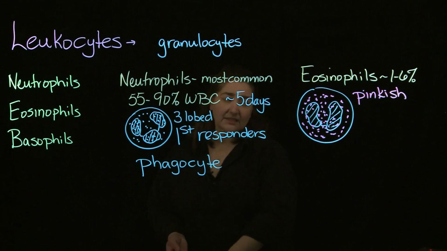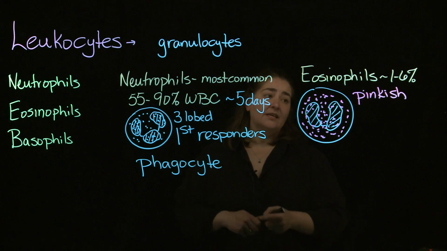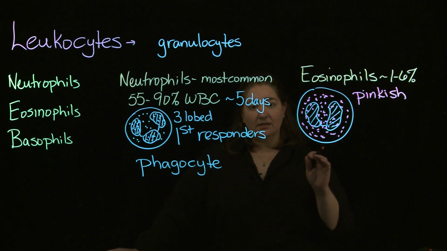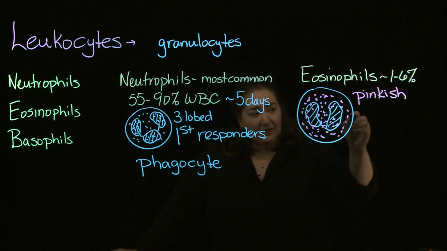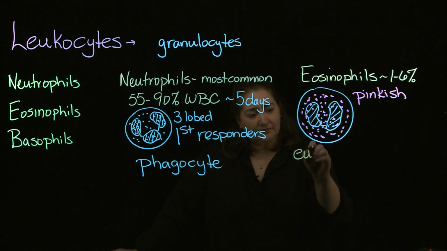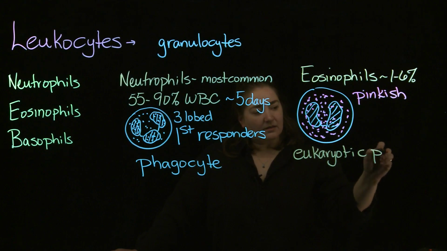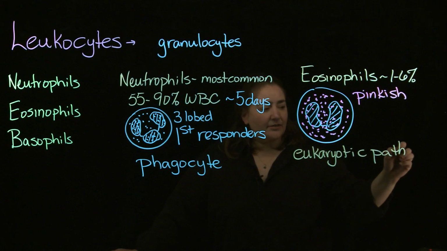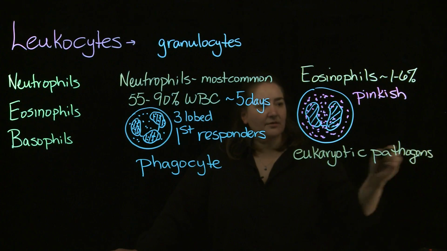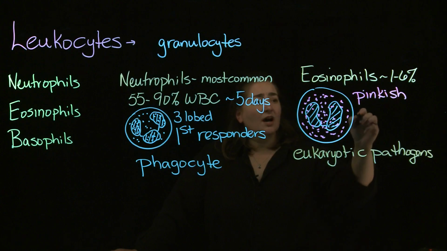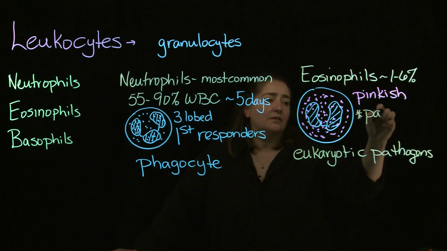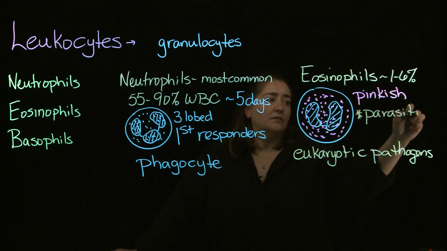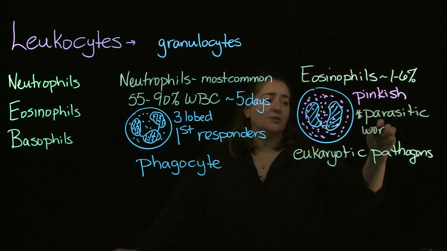And in terms of the eosinophils, these are a little bit unique in that they're going to target, let me write it down here, eukaryotic pathogens. So most commonly, what eosinophils will target are parasitic worm infections.